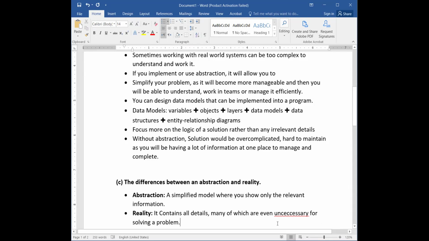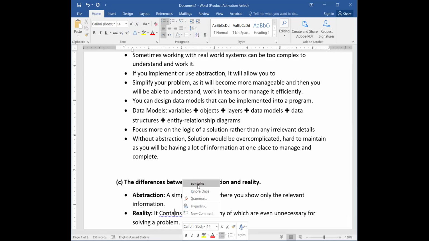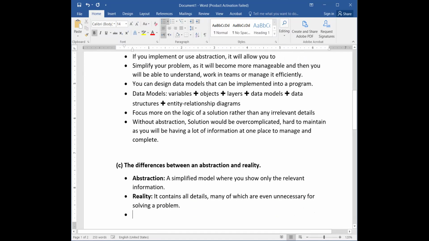This is reality, right? So when you want to work with things, you need to skim things, like only things that are important for you, and that is abstraction. But in reality, there can be many more things, some important, some not important.